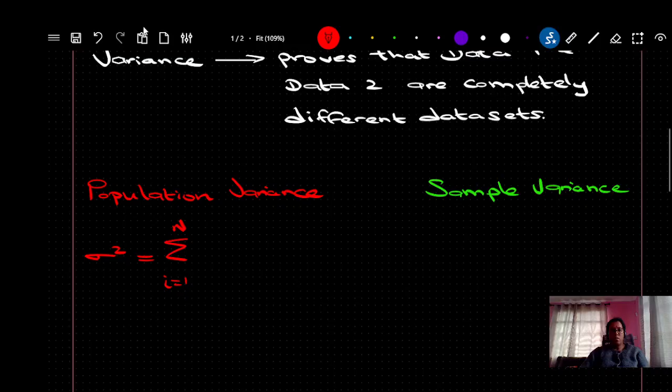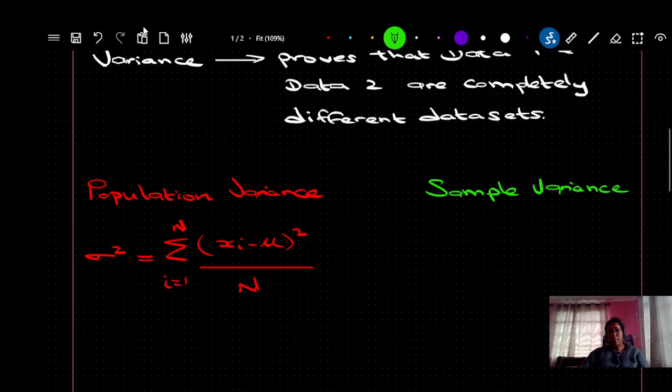So summation i equals 1 to capital N, (xi minus mu) squared, population mean is mu, don't forget, divided by capital N. Okay, this is the population variance formula.